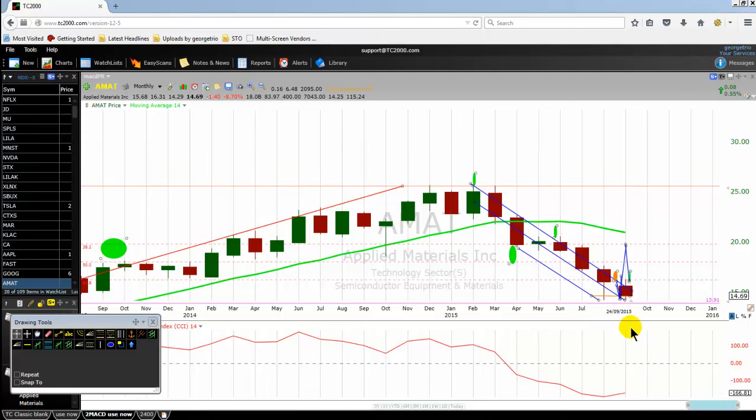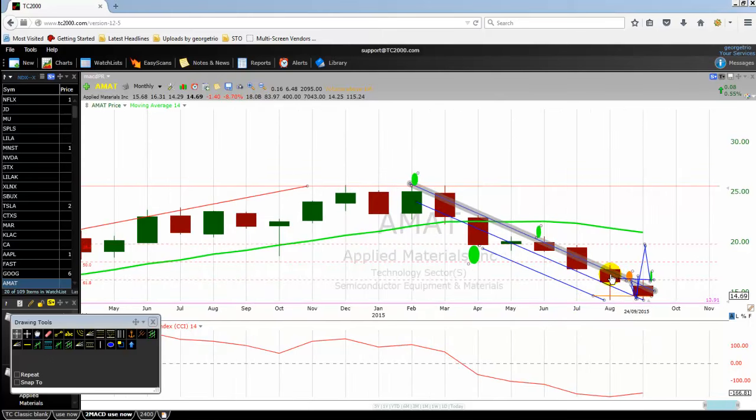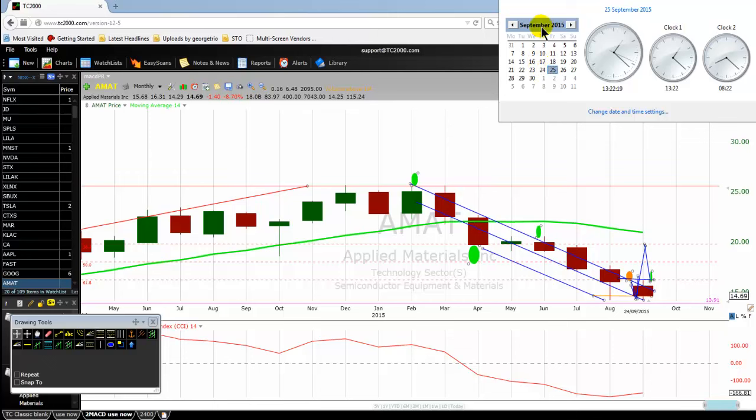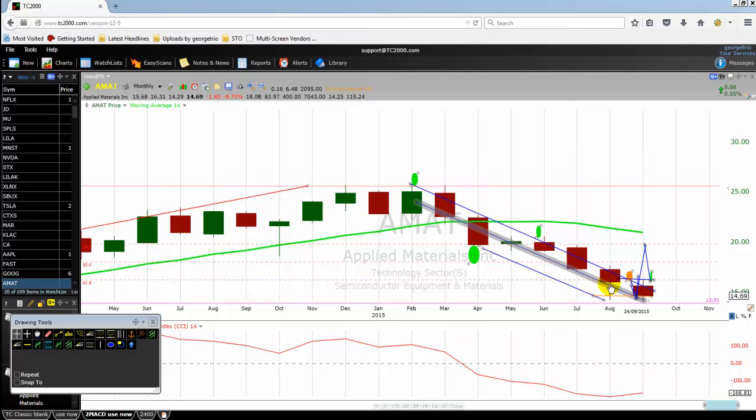By looking at the candlestick pattern on the monthly chart, this is not yet a bullish candlestick pattern. In fact, this is the month of September 2015, and it is not yet completed because today is the 25th of September 2015. We haven't seen any bullish candlestick pattern yet.